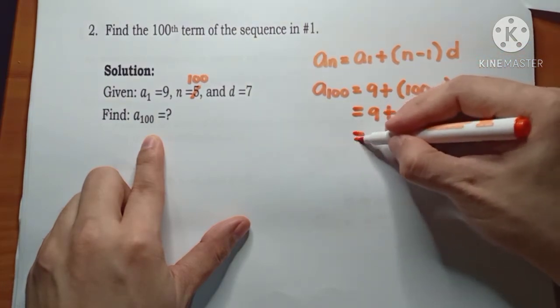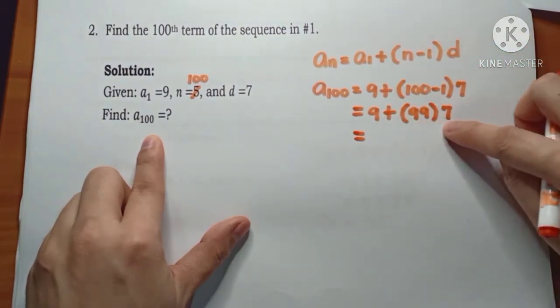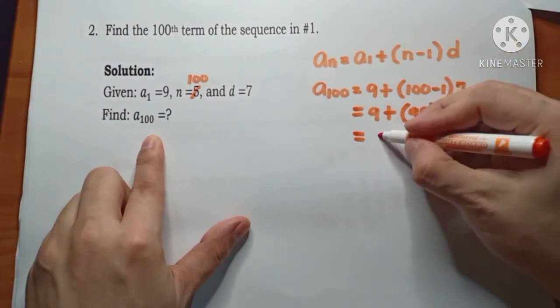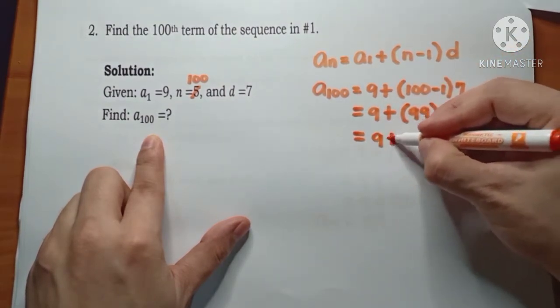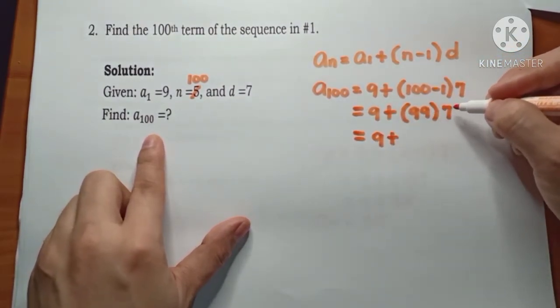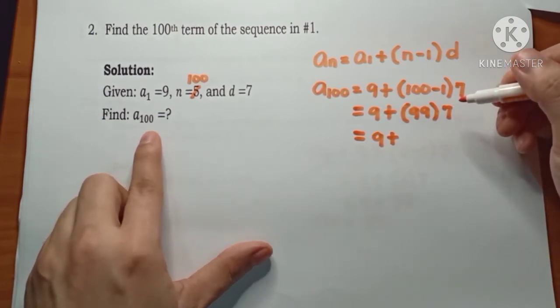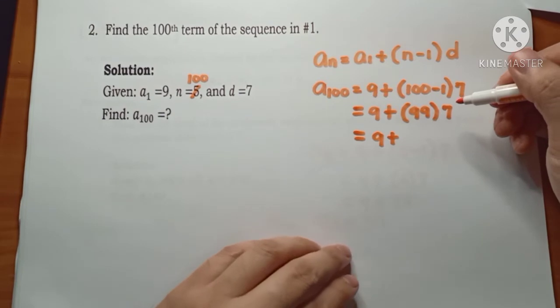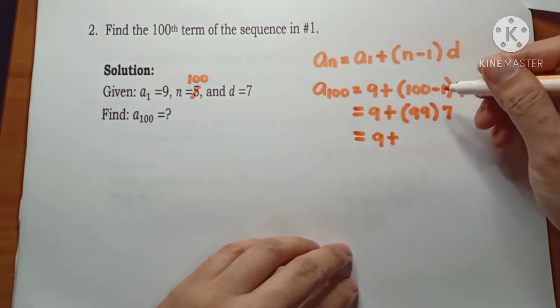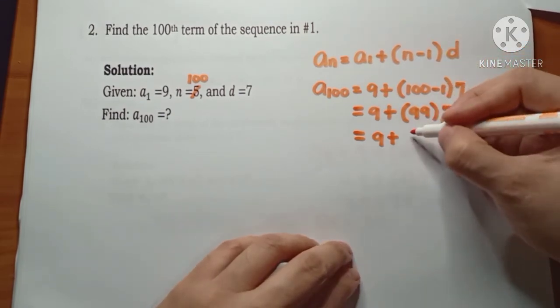So equal to, unahin muna natin yung multiplication. So, 9 plus, what is 99 times 7? So, that is 693. Tama ba? 693. So, 693.